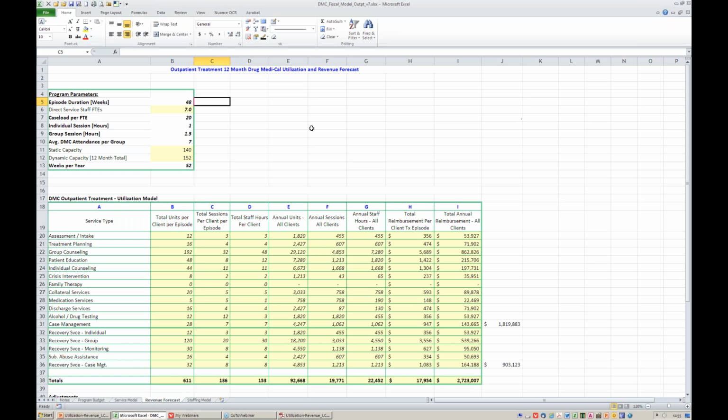Again, that makes me wonder whether it'd be good to pull recovery support out separately and just look at the 16 weeks of treatment. It kind of depends on what people think. The caseload per FTE makes a big difference. Then duration of sessions, 1 hour for individual, 1.5 for a group, the average drug Medi-Cal patient attendance per group, and number of weeks per year.